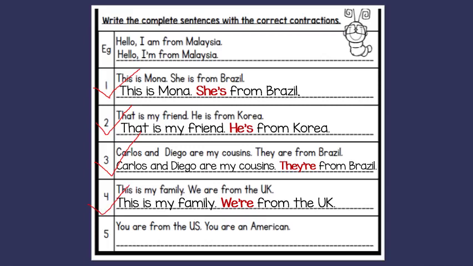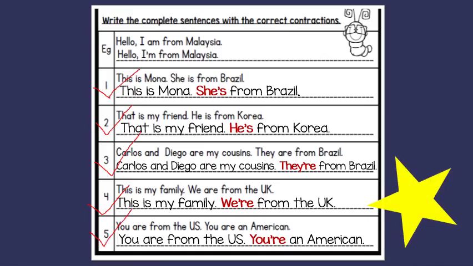You are an American. You are from the US. You're an American. Another tick if you got that correct. If you got all correct, you should put a star. Well done. Good job, everyone.